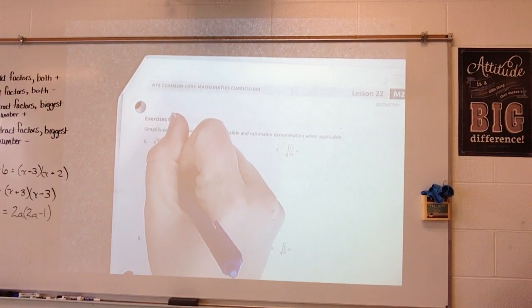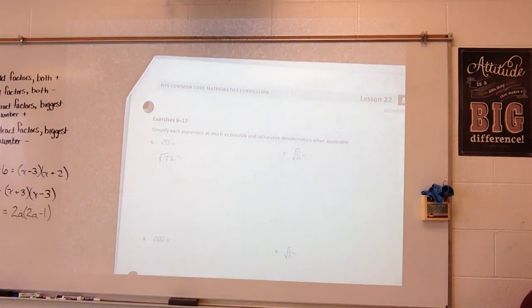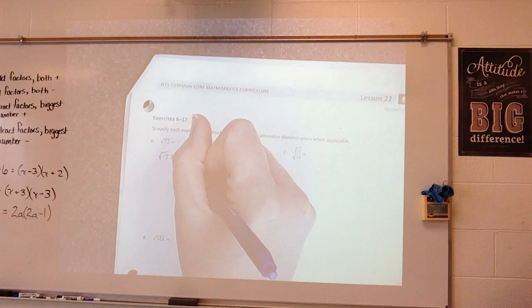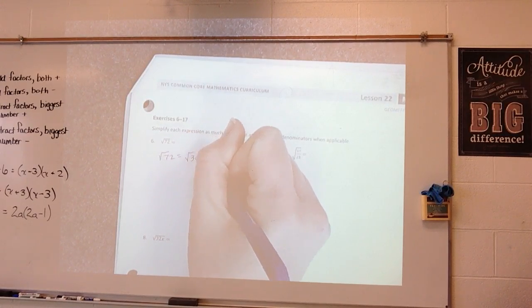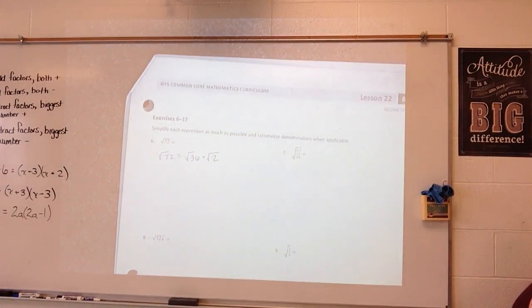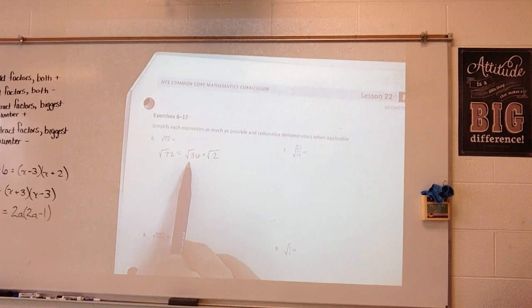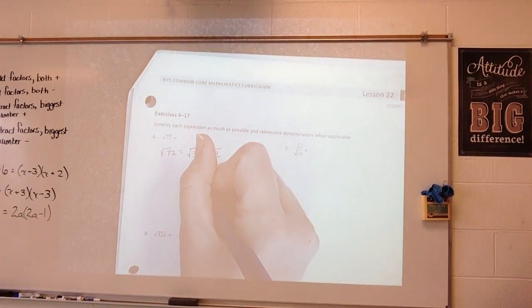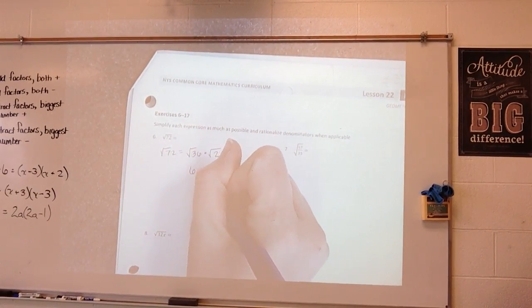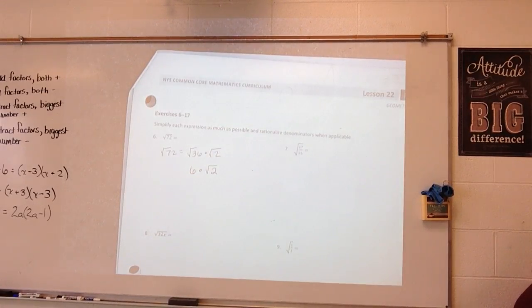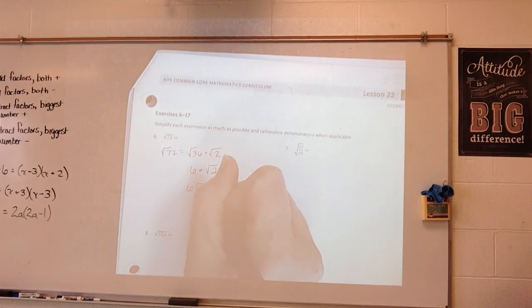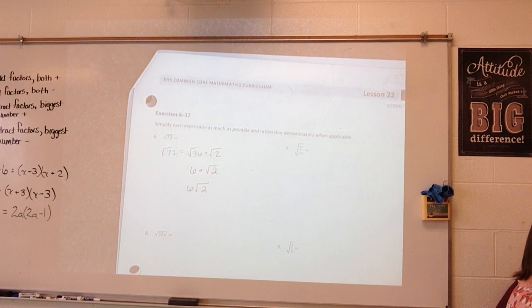So the square root of 72 can be the same thing as the square root of 36 times the square root of 2. Now I can look at the square root of 36, which is 6, times the square root of 2. So my answer is 6 square root of 2.